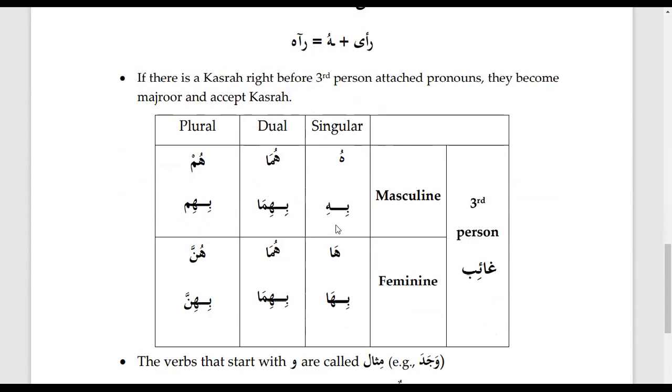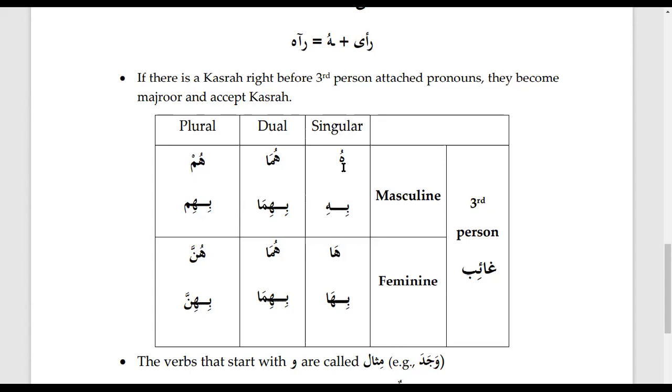So if we have a kasra before these third person attached pronouns, then they also accept kasra and they become majroor. For example, if we say his house, how will we say? Baytuhu, right? But if I want to say in his house, I will say fi bayti hi.